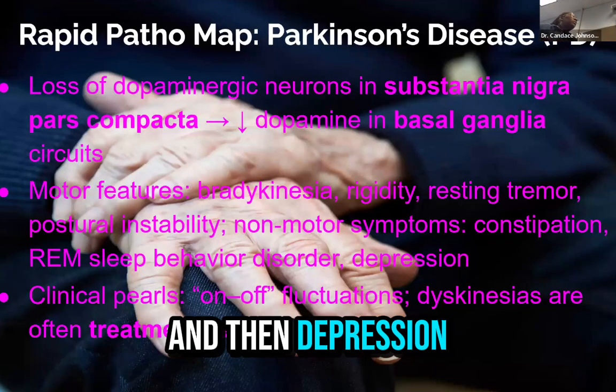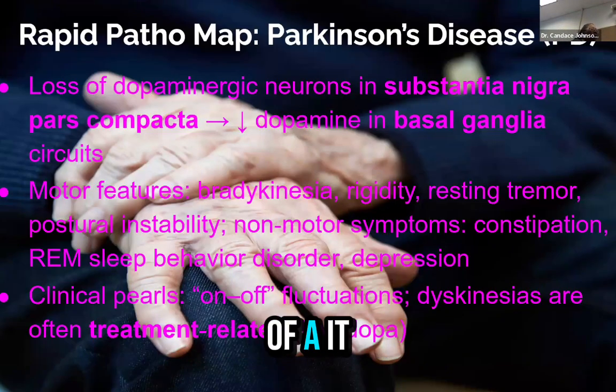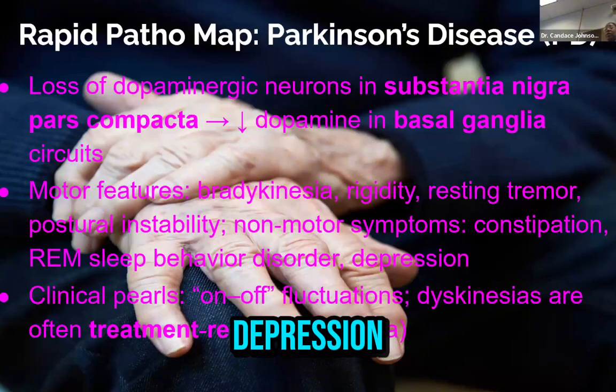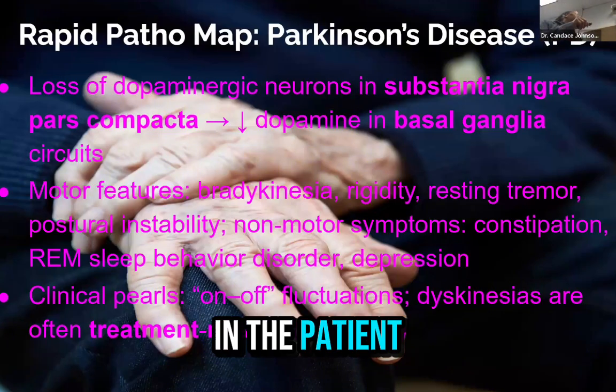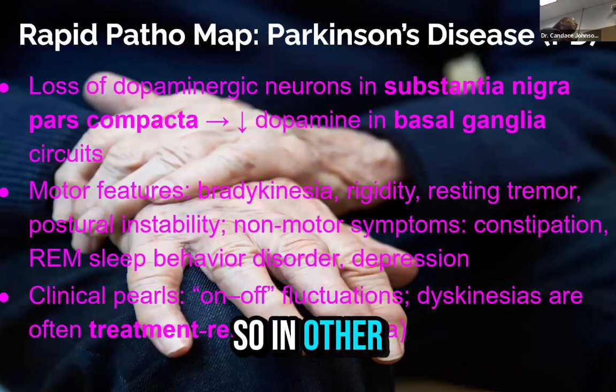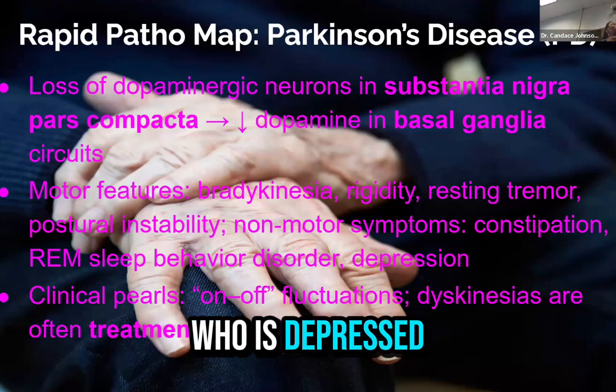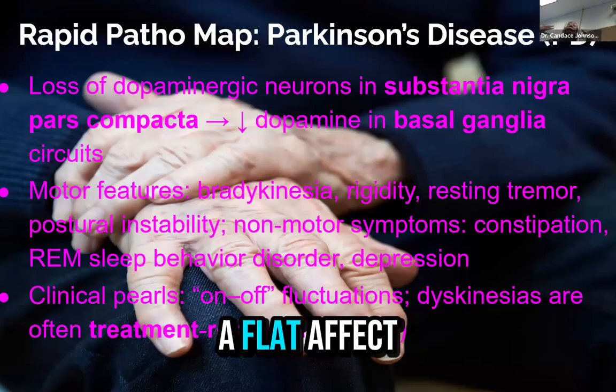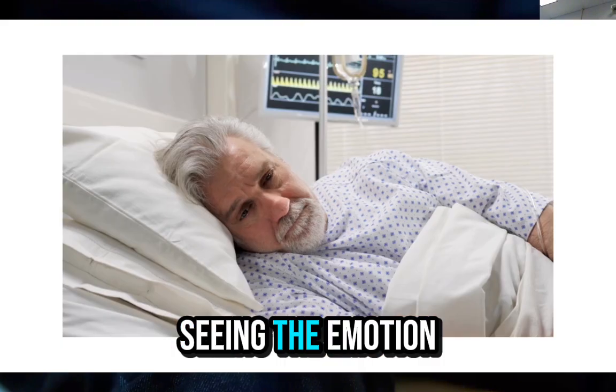And then depression. Depression covers a lot of behaviors, so we just call it clinical depression in the patient who has Parkinson's disease. A patient who is depressed will generally present flat. A flat affect is one where you just aren't seeing the emotion.